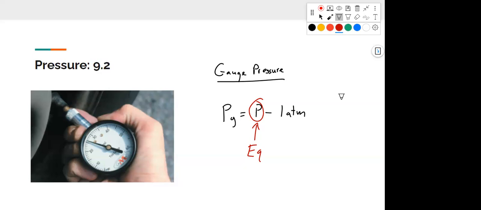You might have to do this whole song and dance in order to accurately capture the physics, because while we don't care about the fact that there's one atmosphere a lot of the time, the molecules of air do feel that. If you have a container of air, if you have your tire and you fill it up with extra pressure, those air molecules are moving in such a way where they feel not only the force from your inflation of the tire, but also the force from the atmosphere.